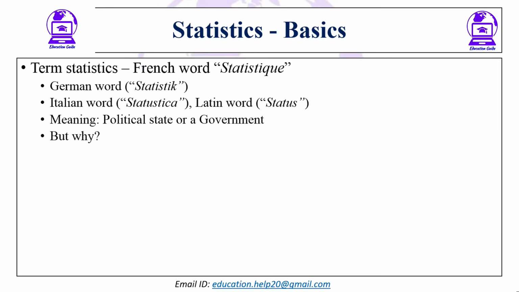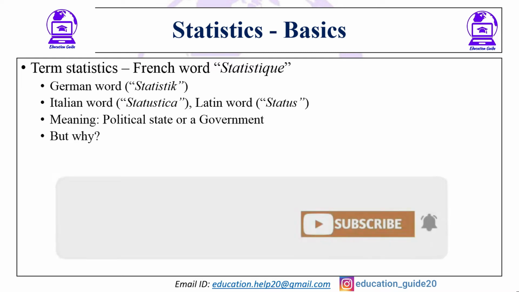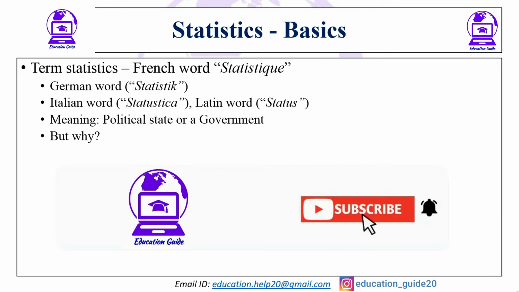Friends, the term statistics has different origins. It is said to be originated from a French word statistique, a German word statistic, Italian word statistica, and a Latin word status. These all words mean political state or a government.